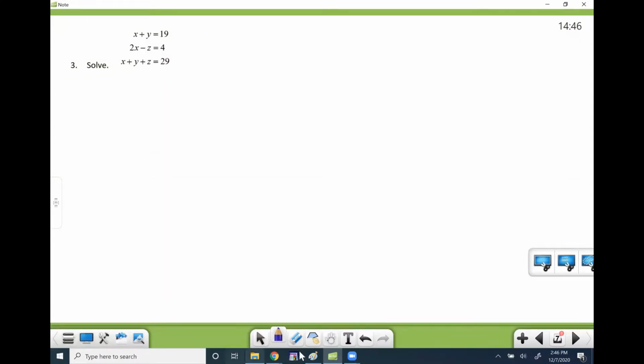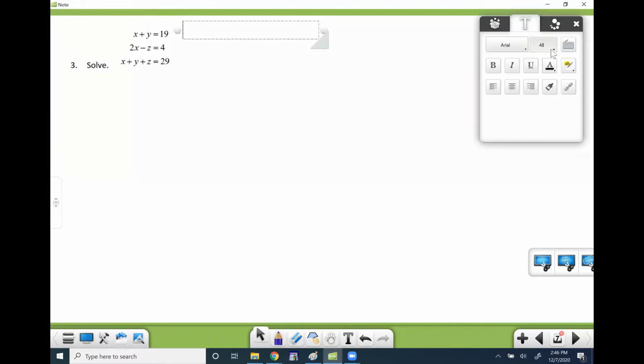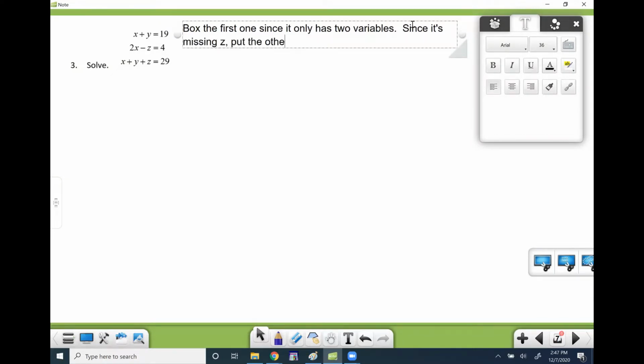Okay, so I'm going to say, let's box the first one since it only has two variables. And then notice it's missing z, so put the other two equations together and get rid of z.